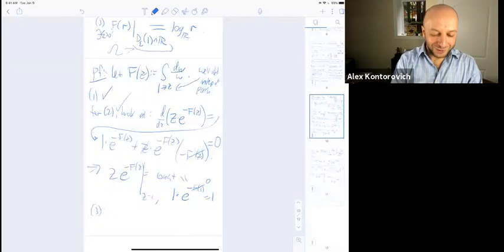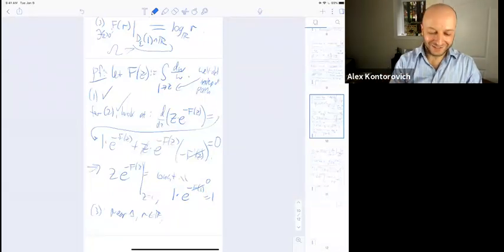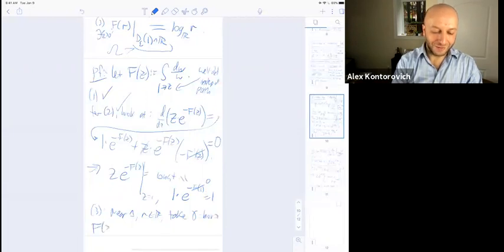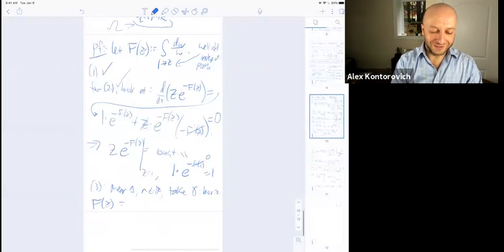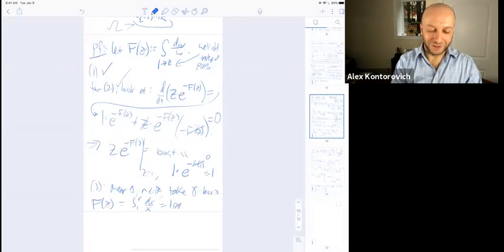If I'm near 1 and R is real, just take your gamma to be the horizontal line. So big F of z will be the integral from 1 to R of dx over x, which is the definition of the real logarithm.